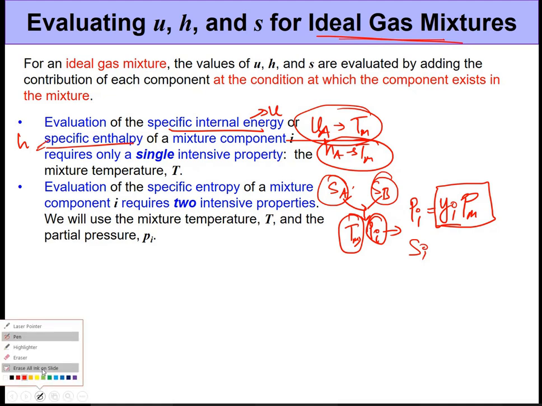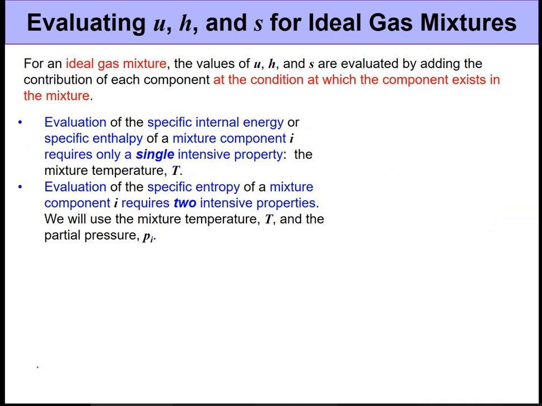And there's nothing new. We already know that if you want to get the internal energy or enthalpy, you just need the temperature. But if you want to find out the entropy, it depends on temperature and pressure. The only key part that I'm telling you here is it's not the mixture pressure, but this partial pressure that we need. Okay, so this point is pretty important, so I'm going to re-emphasize this a couple of times.